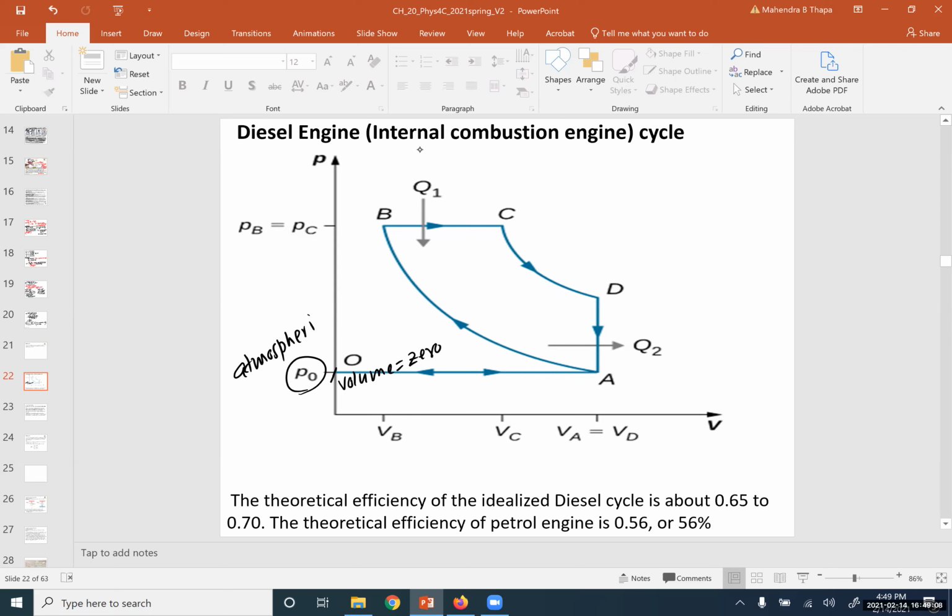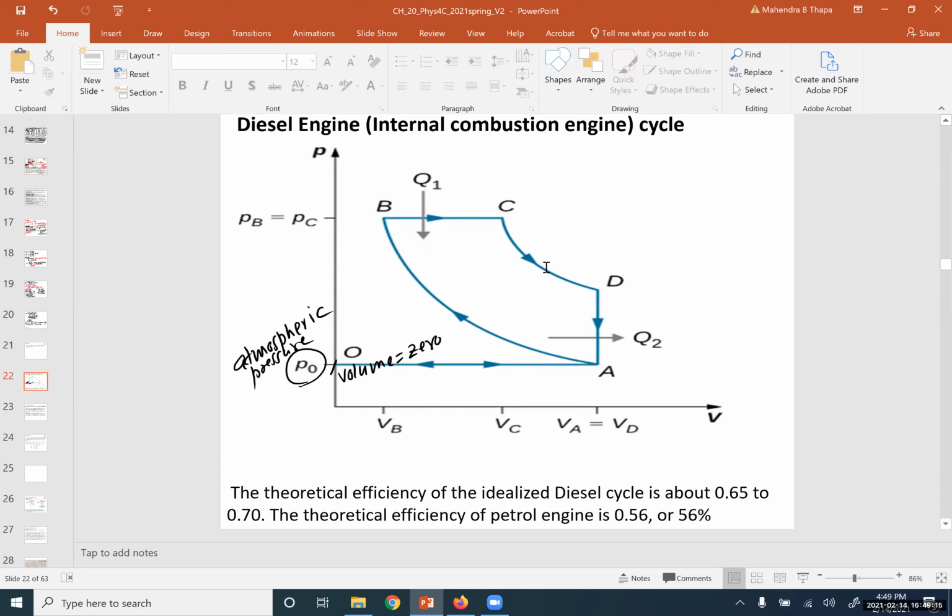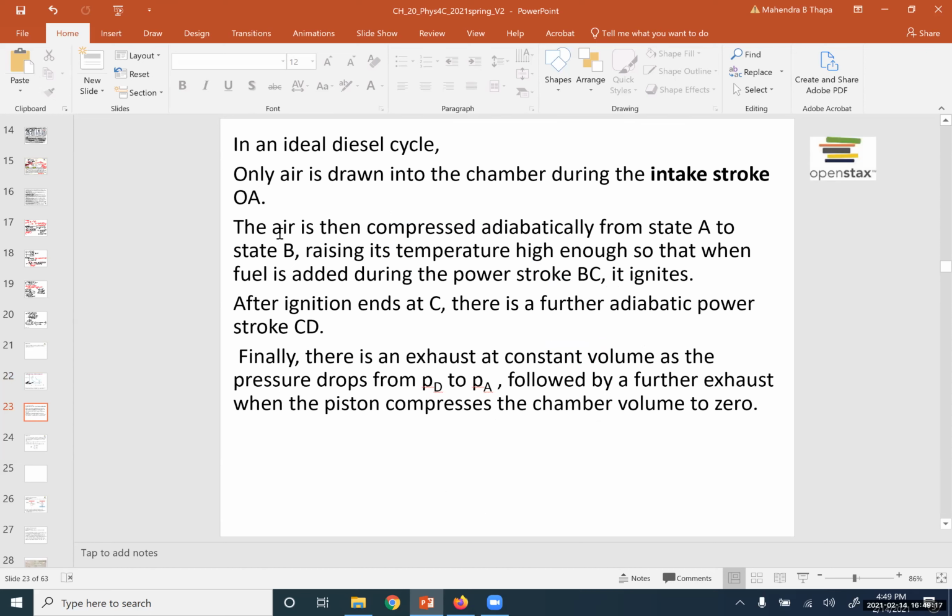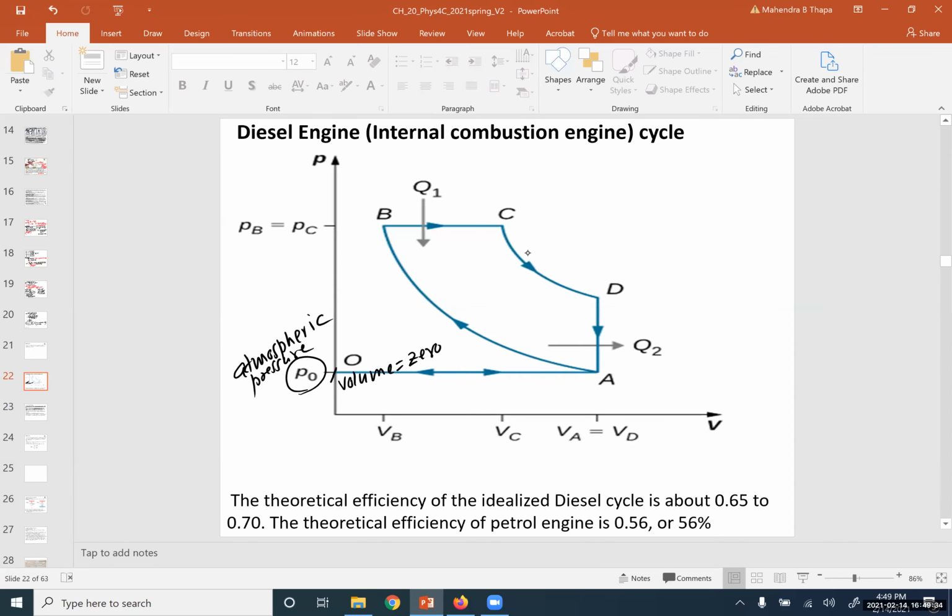Okay, this is the atmospheric pressure. So only air is drawn into the chamber during the intake stroke OA. Then air is compressed adiabatically from state A to B. Okay, A to B. So this process A to B is adiabatic.